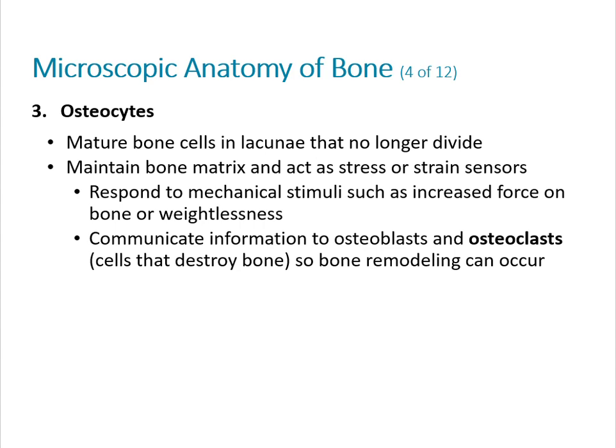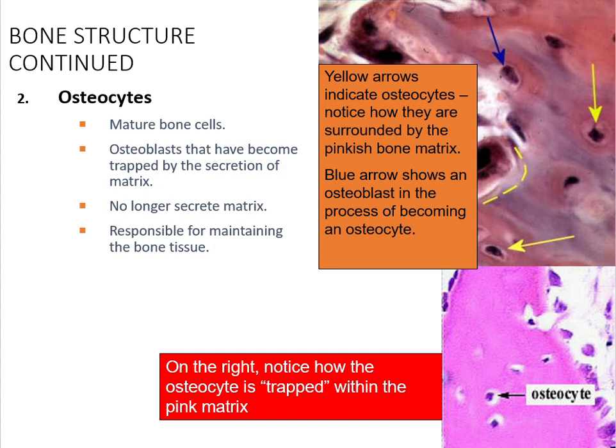But if we need to break down bone, then we'll talk to the osteoclasts. This allows for bone remodeling to occur based on what's going on in your body and the stressors and strain that your bones are experiencing. Here we can see osteocytes stuck in their lacunae. So they're stuck in that calcified bone matrix. Here in the image on the bottom right, the bone matrix is the pink tissue.